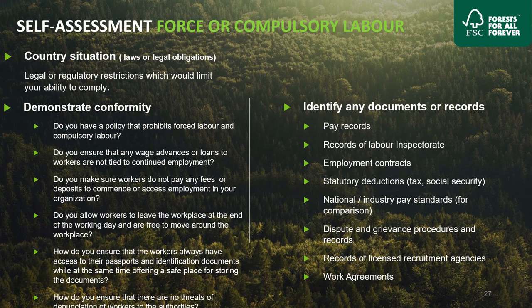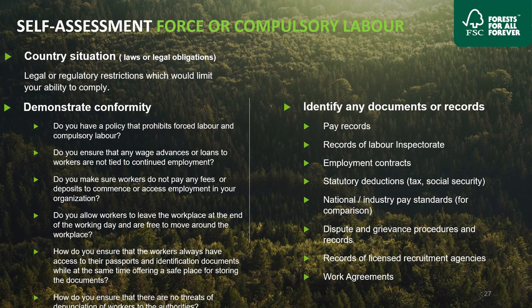These can be pay records, which means that workers are paid. Records of Labor Inspectorate. If a public authority inspects workplaces in regards to forced or compulsory labor, you can use the report or certificate issued by this authority.